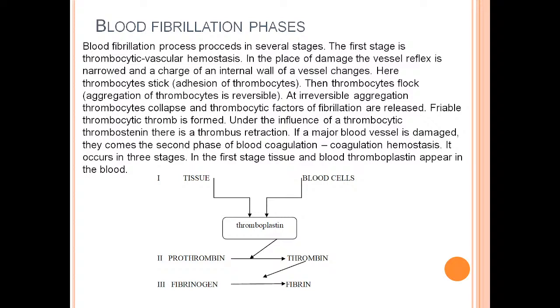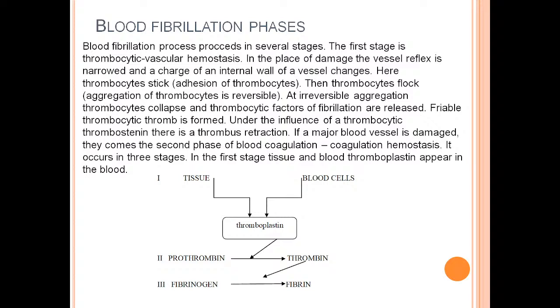Then thrombocytes flock together. Aggregation of thrombocytes is reversible. At irreversible aggregation, thrombocytes collapse and thrombocytic factors of coagulation are released. A friable thrombocytic plug is formed under the influence of thrombostenin. There is a thrombus retraction.